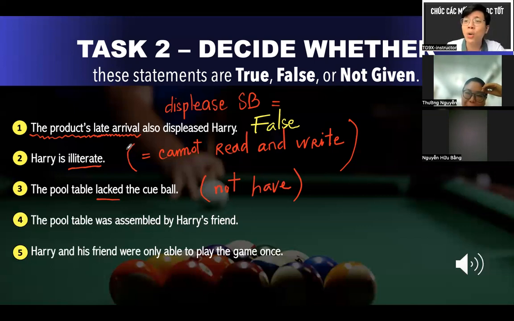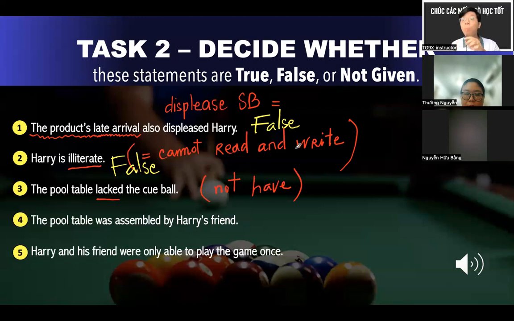But we have another clue, another piece of evidence for this. The instruction booklet is in Spanish and Polish. And that's why he didn't understand the booklet. But it doesn't mean he's illiterate. Right? Yes, Kiều Huệ, please ask me your question.